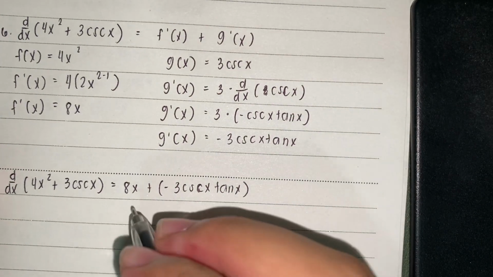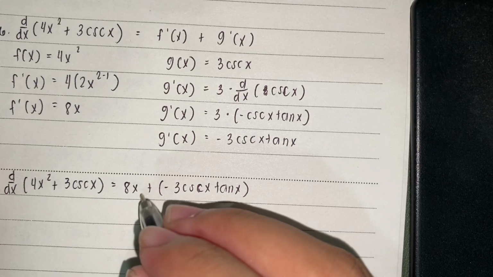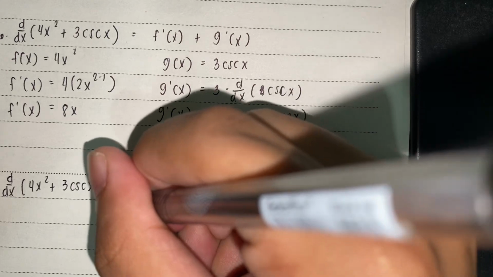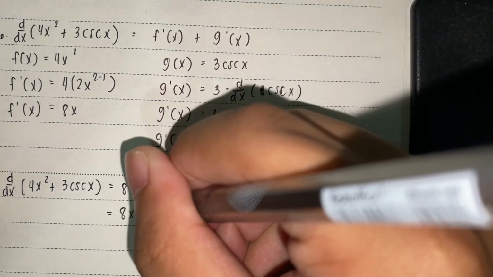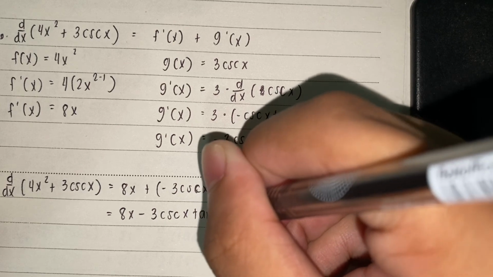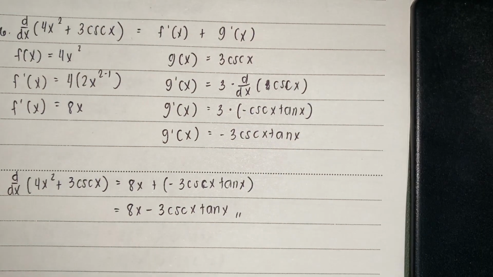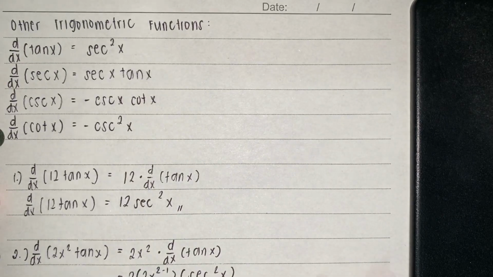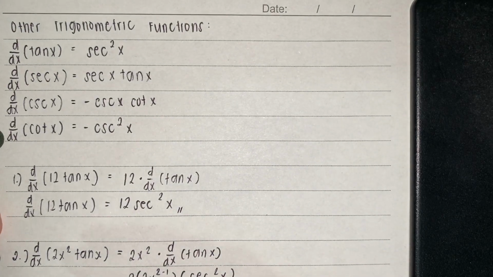So now we're going to distribute the addition sign to this. Just going to give us 8x minus 3 cosecant x tangent x. That's the final answer.